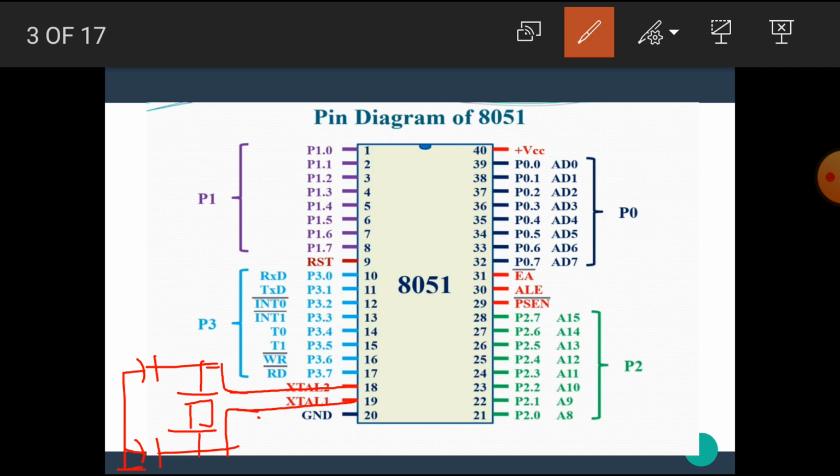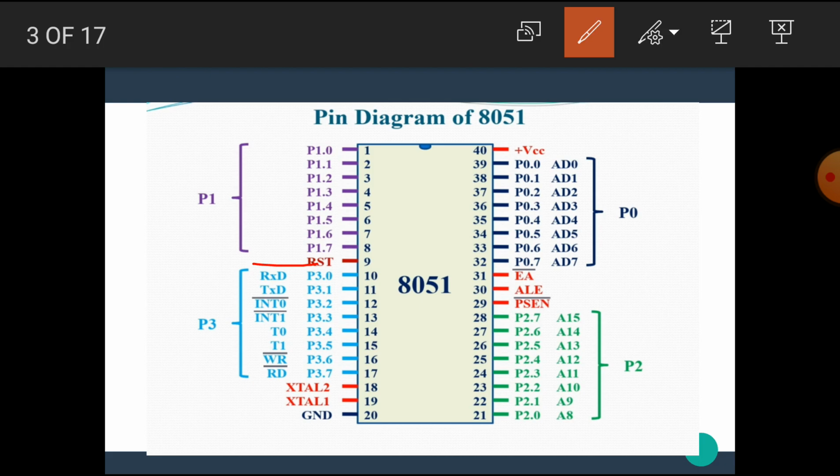This circuitry is used to generate a clock pulse. If any user does not want this circuitry, then he can connect an external clock source to the XTAL1 pin and observe it on the XTAL2 pin. Now our next pin is the reset pin. The reset pin is used for restarting purpose.